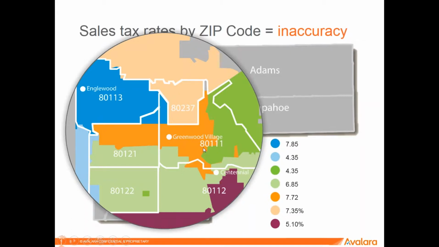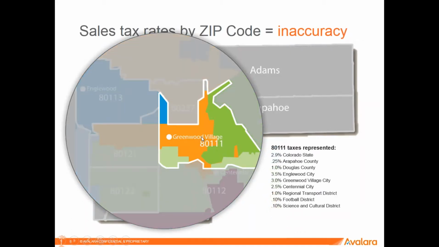So if you were to use a zip code rate base table, for example, in 80111 in Greenwood Village, you wouldn't necessarily know that there are two different tax rates unless either by way of audit or by way of one of your customers alerting you. You wouldn't necessarily know that you might be calculating sales tax incorrectly. In fact, this has 3 tax jurisdictions that flow into that same zip code.